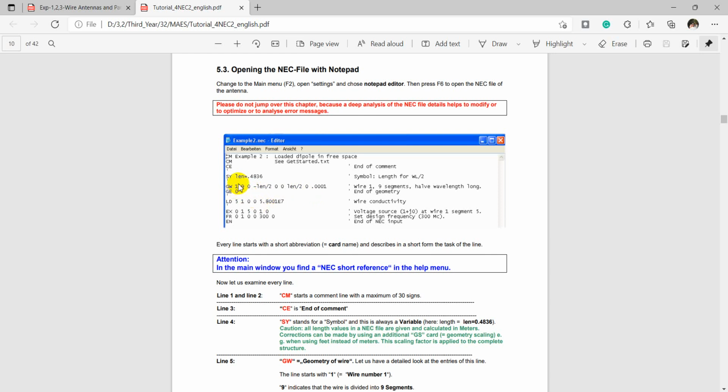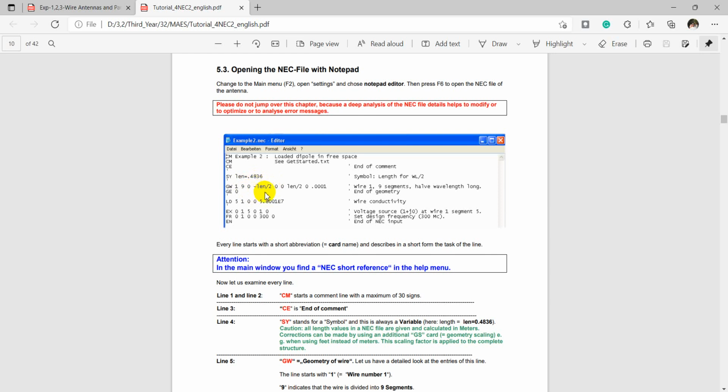The first value of this geometry of wire indicates the number of tag, and the second, 9, indicates the number of segments.